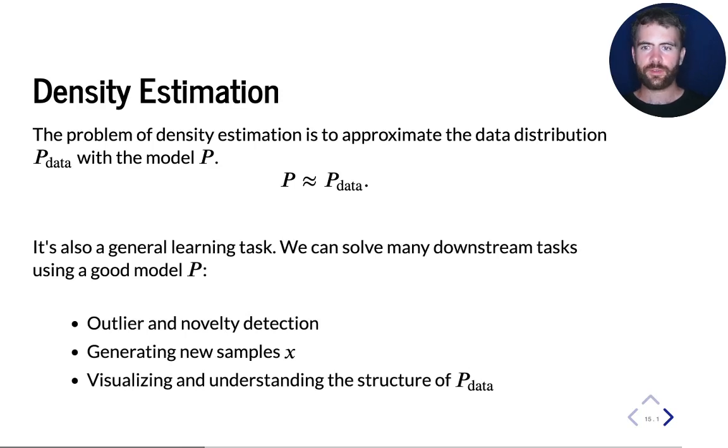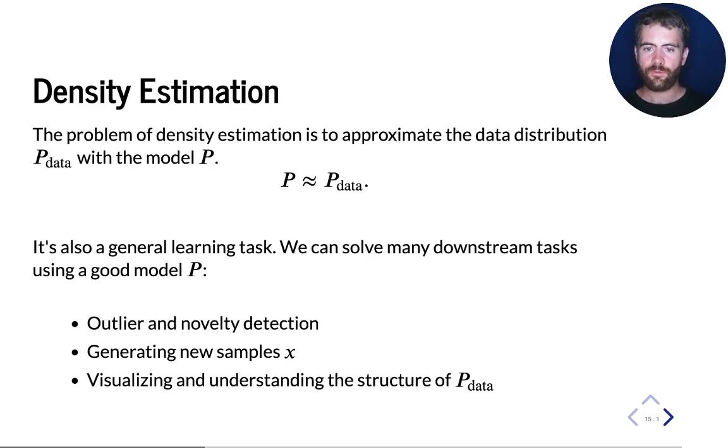This is a very general learning task. If we can solve density estimation, we can also solve many useful downstream tasks, such as detecting outliers, generating new samples, and visualizing and understanding interesting structure within the data distribution. So in a way, density estimation is the most general problem that we can solve.